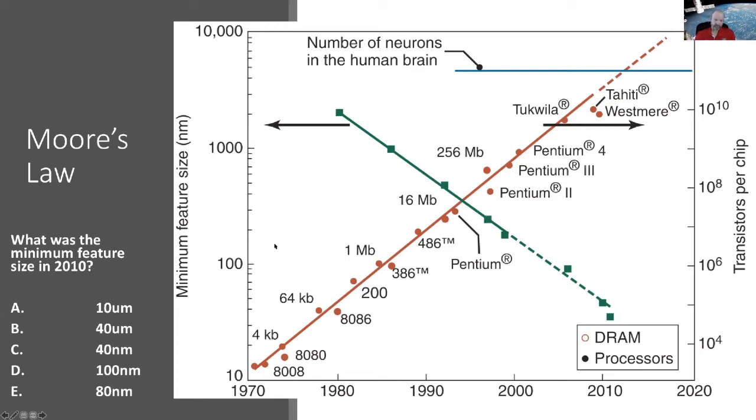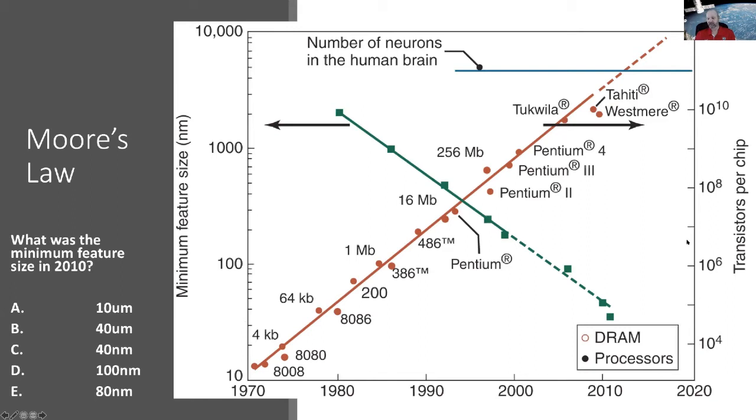And you have to remember, this is a log graph. So if I go from here to here, I'm going from 20 up to 40 on the minimum feature size. We actually have to look at the right graph.